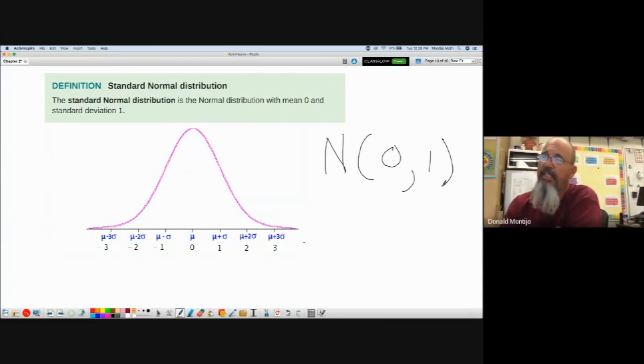So anytime we standardize a value, we are going to convert or change the data so that it fits on this normal curve with a mean of 0 and a standard deviation of 1. Super, super helpful for us. Because what we're really going to be trying to do to find out our percentile or our relative standing is finding the area under one of these curves.